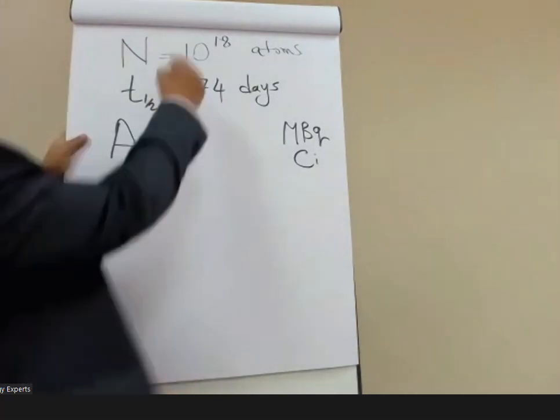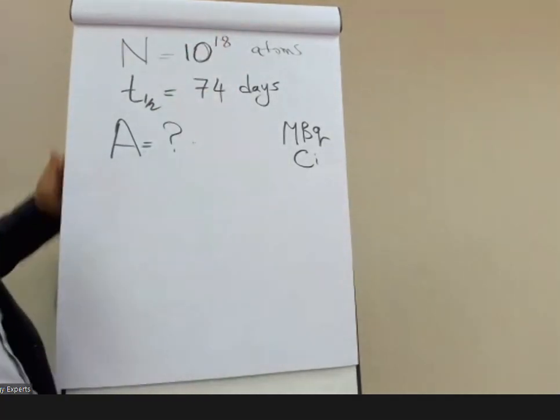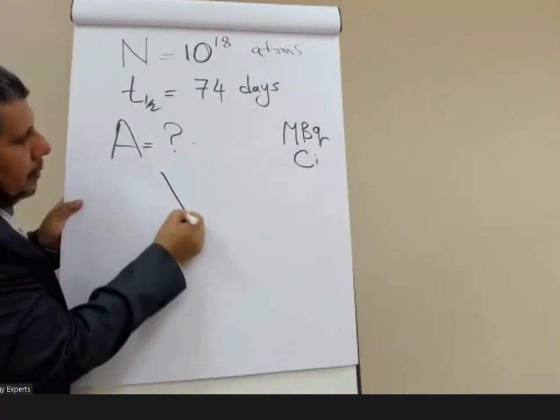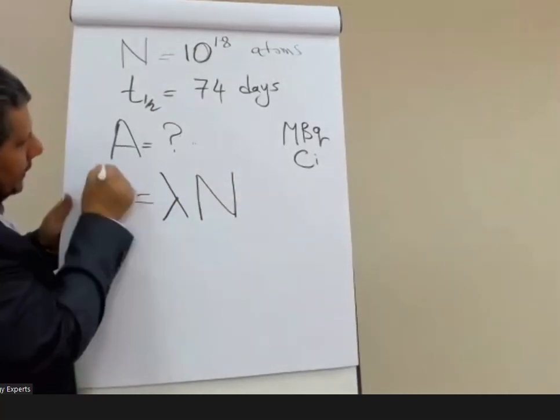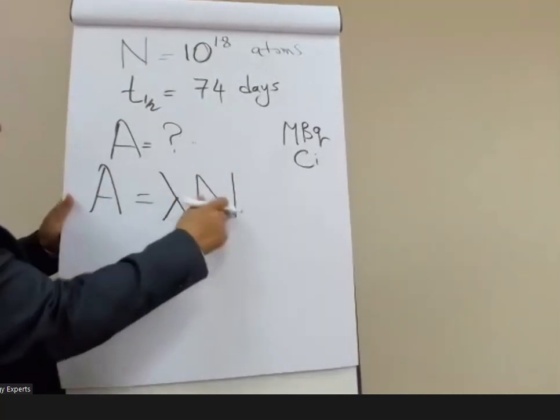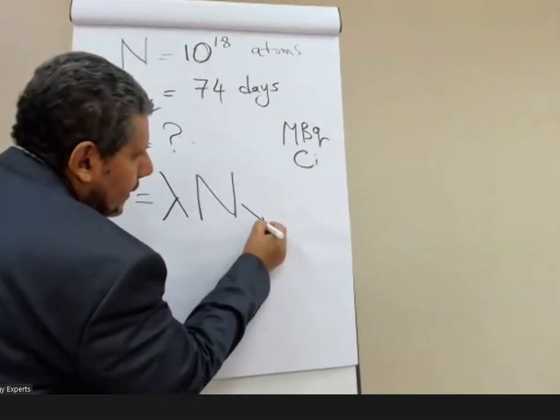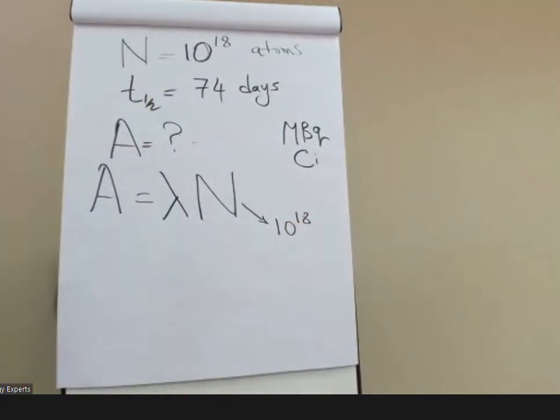I have 10 to the power 18 atoms. I only know the number, and the equation that I will use to calculate activity is this: activity equals lambda N. I have N, 10 to the power 18. No problem at all. Finished.